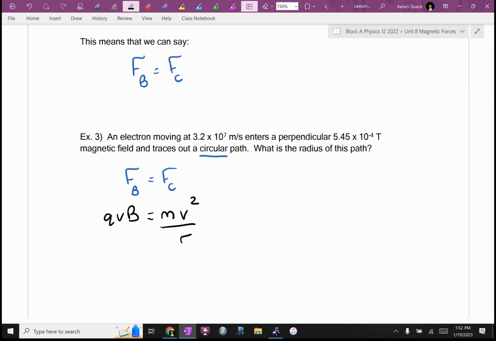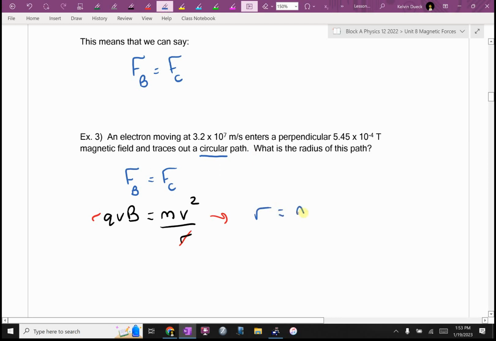What are they asking us to find? Okay. Where is the R right now? It's going to move to the top. How will I move the Q and the V and the B over? Divide. In fact, I'm going to get this.